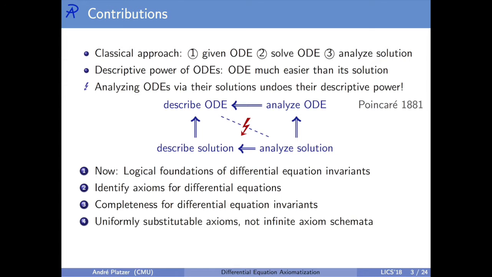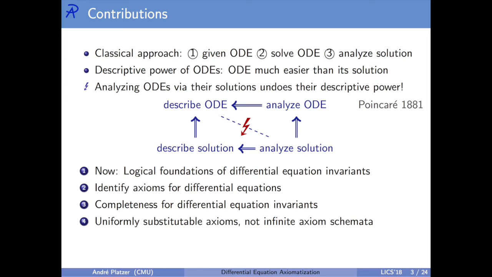The whole point of differential equations is that they're describing even very complicated systems or very complicated solutions in very concise, compact, local ways. So if you can describe the solution, then of course you can also describe the differential equation. But if you describe the differential equation, then ask for a solution and analyze the solution, in a certain sense you've undone the whole deal of differential equations.